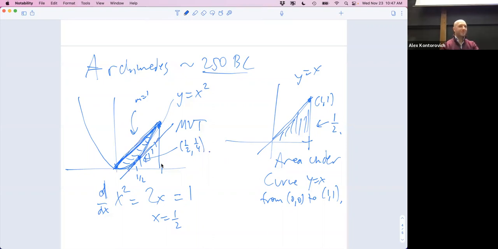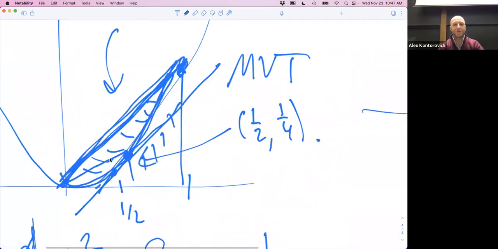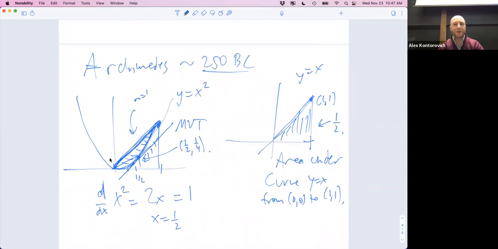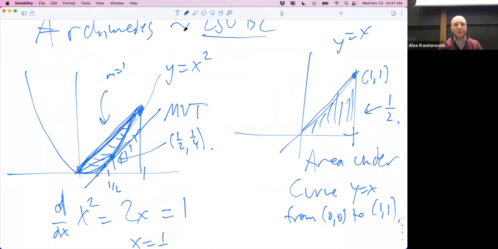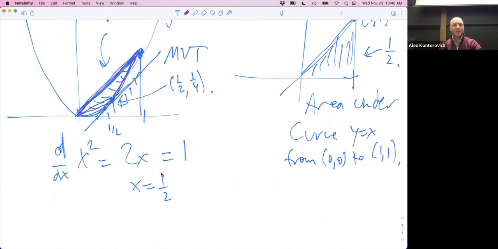And what Archimedes showed is that if you take this triangle, this is getting a little hard to see. Let me color it. If you take this triangle from here to here to here, you see that? Straight lines. So triangles, it's easy to work out areas of triangles.